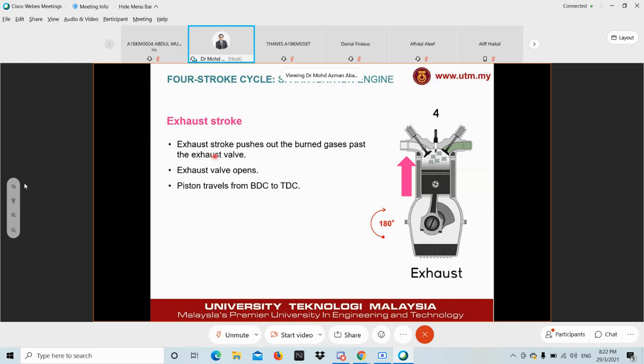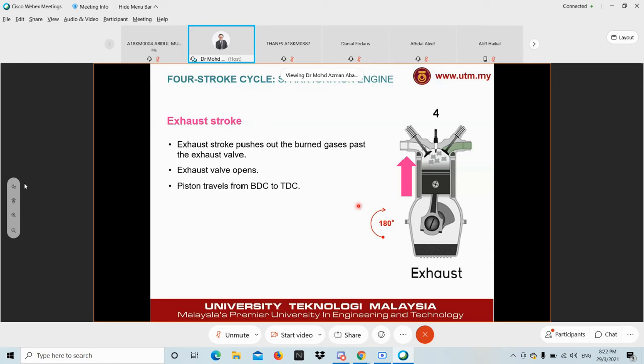The exhaust stroke pushes out the burn gases past the exhaust valve. Of course, the exhaust valve needs to be open, because otherwise it cannot go out of the combustion chamber. And again, because of the movement of the piston from BDC to TDC, we know definitely the crank rotation must be 180 degrees.